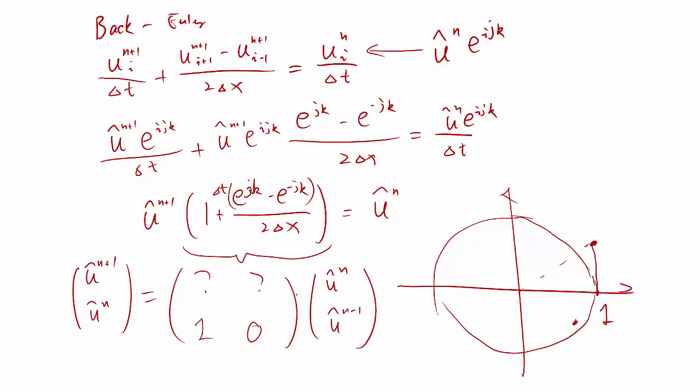Oh, okay. So K is the frequency in the discrete space, right? If you want K to be the frequency in the continuous space, you need to multiply by delta x.